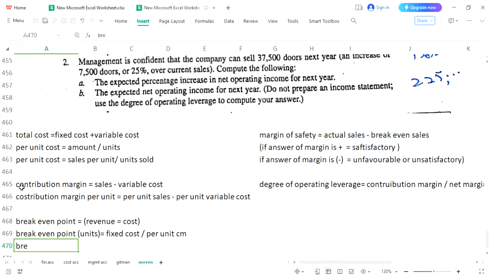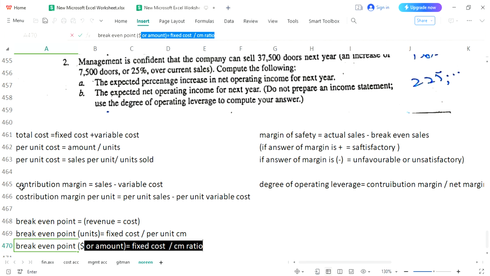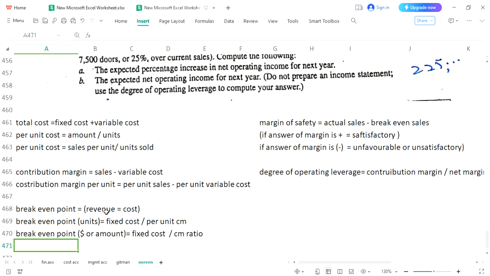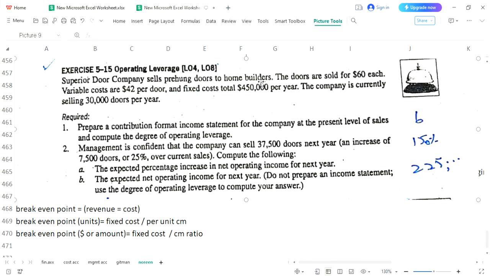Break even point in terms of dollars, or amount, is found by dividing your fixed cost by CM ratio, and CM ratio is when you divide your CM over sales. Why have I written these statements? If you see your question now, almost everything will be used again.